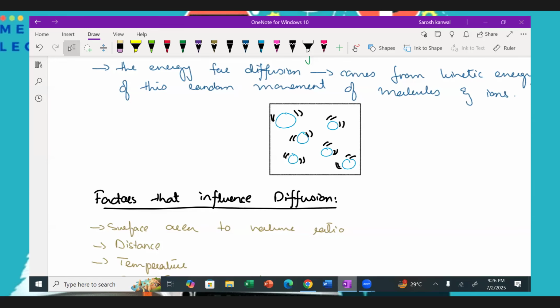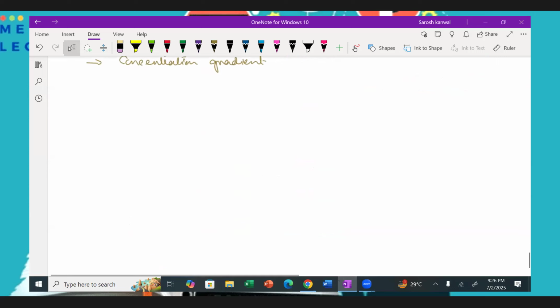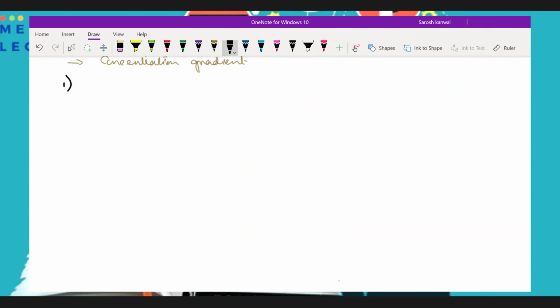The first factor that influences diffusion is surface area to volume ratio.